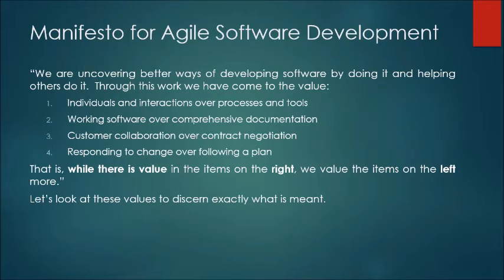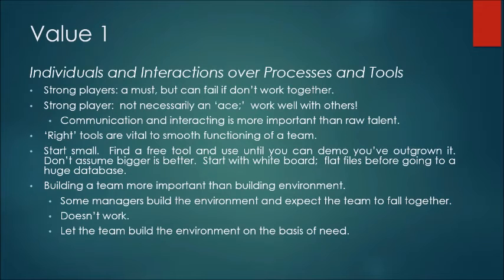We value customer collaboration more than contract negotiation. We value working software more than comprehensive documentation. We value individuals and interactions more than processes and tools. We need to understand these values to discern exactly what they mean.